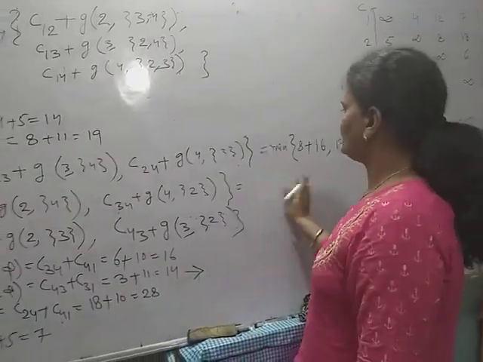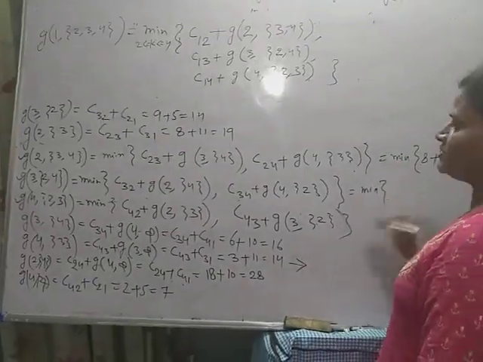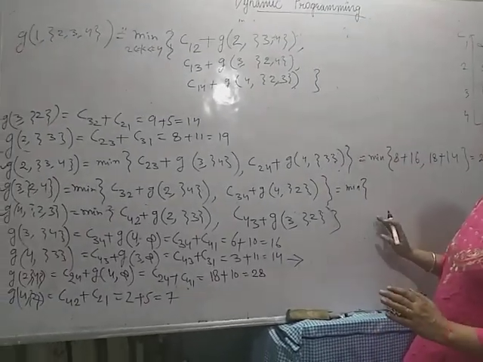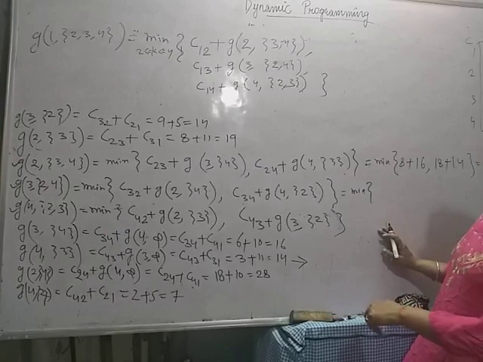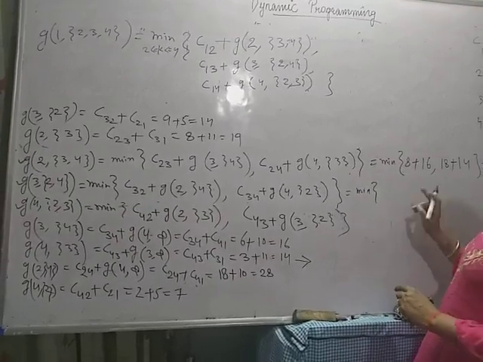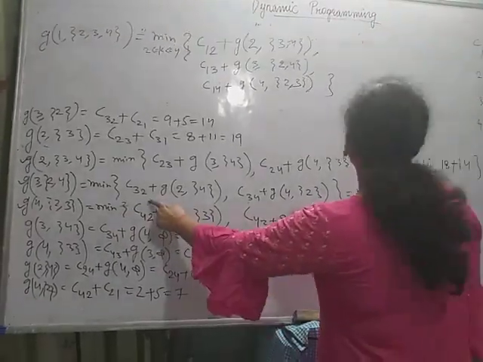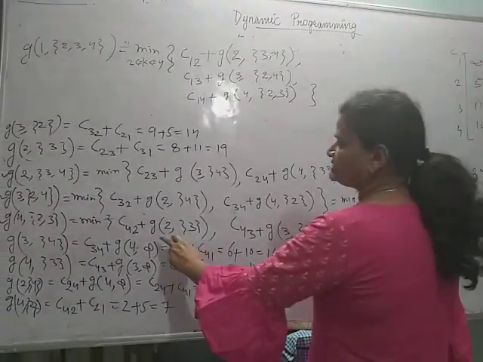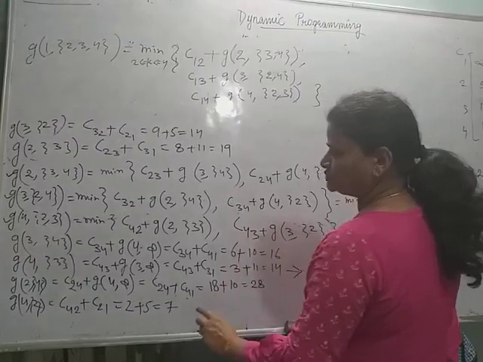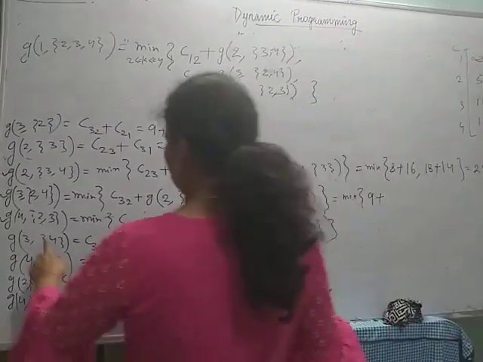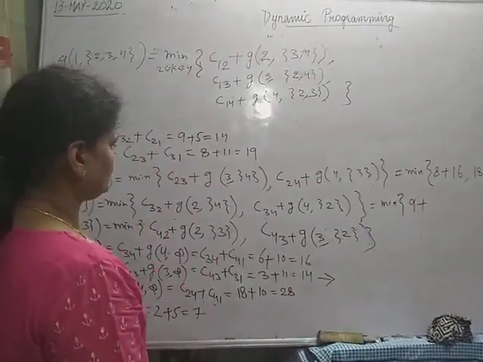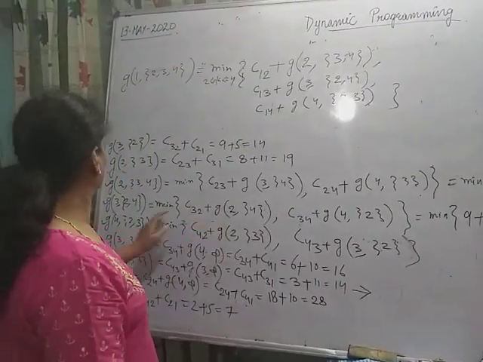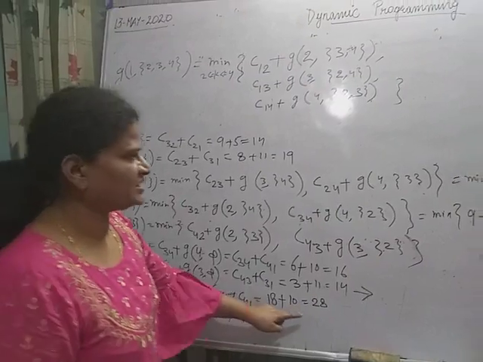Now the next minimum value, because you have to solve all the recurrence from bottom to top. Minimum is what? क्या है? C32 9 plus G23, G24 is 28.